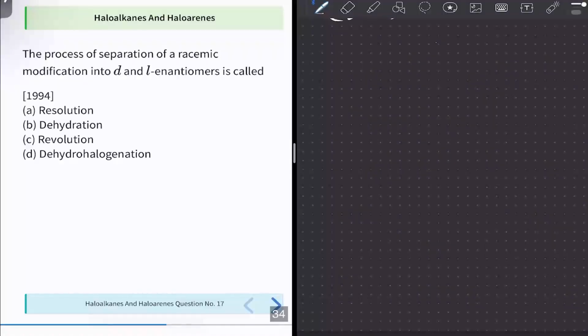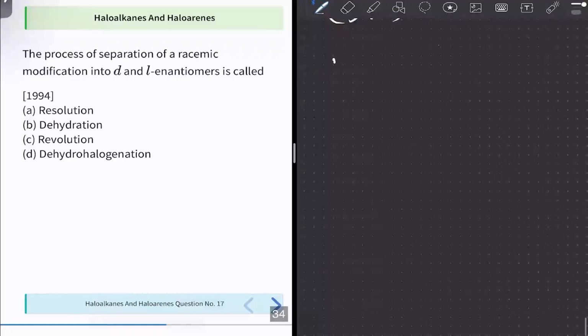The options are resolution, dehydration, revolution, dehydrogenation. That is option A, resolution. The method to separate D and L form from a racemic mixture is called resolution. So option A.